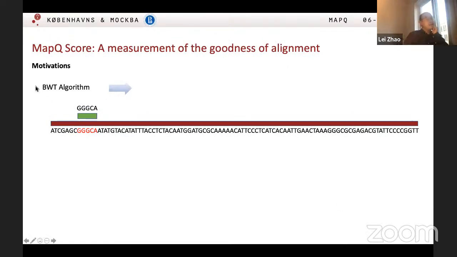So you just learned about this fantastic BWT algorithm. Ideally, if I gave you a lot of short reads data and a reference genome, then for each short read you can find the position. Maybe this short read actually originates from this position, but this is just the ideal situation.